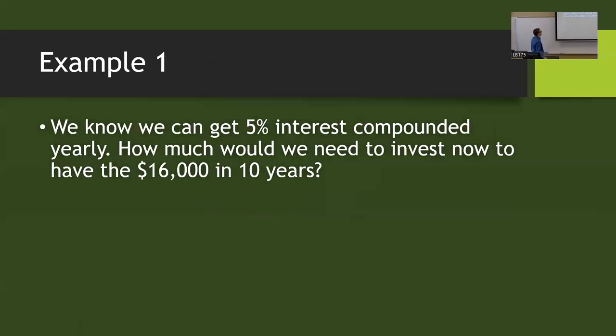So let's do an example. We know we can get 5% interest compounded yearly.